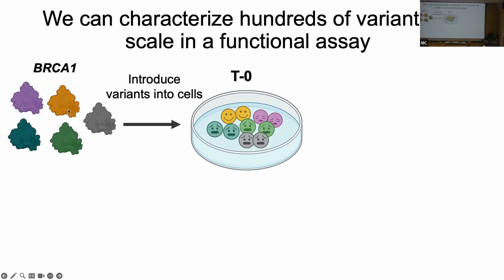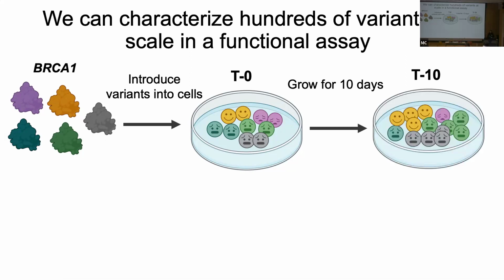And you can also have controls along with it. So you have previously classified controls. You have these yellow cells out here that we know are okay, BRCA1 is functioning. And then we have these purple cells out here where we know that BRCA1 is not functioning. And then these other colors are variants that we don't really know what they're doing. Once we grow these for 10 days, we survey how well these cells are growing.